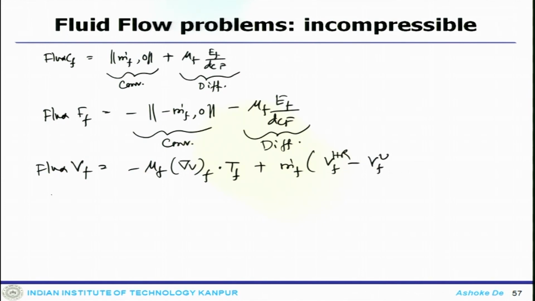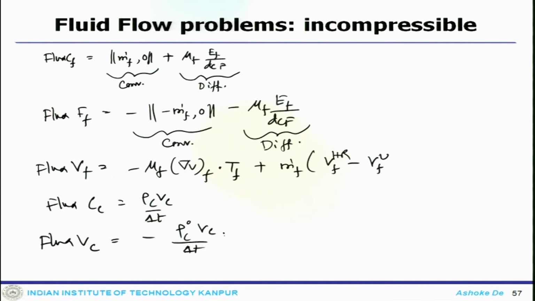We can compute the other two terms: Cc equals rho c Vc by delta T, and flux Vc equals minus rho c naught Vc by delta T minus C Vc. So, this is how we calculate the individual terms.